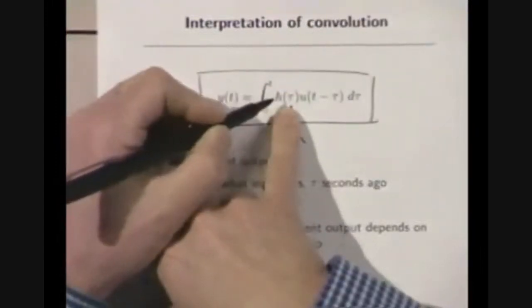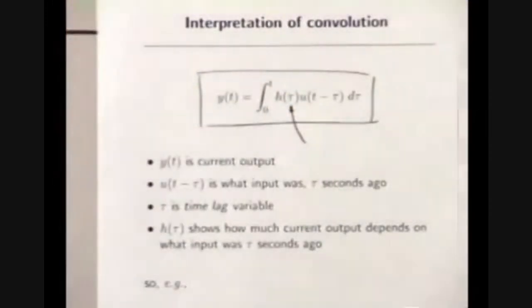When I put h of tau here, it's kind of like a weighted integral of what the input has been at various times in the past. If h of tau is decreasing, that says it's kind of like an integral, except that I'm going to put less emphasis on what the input signal was in the past. If h of tau is growing with time, that's the opposite of fading memory.